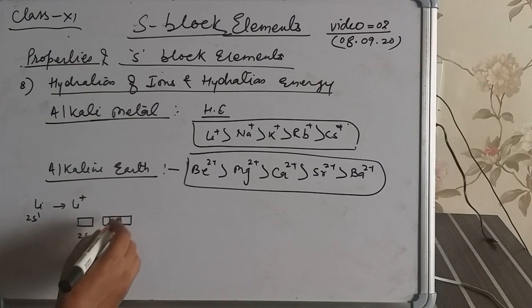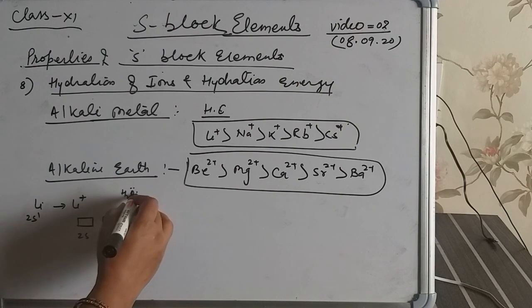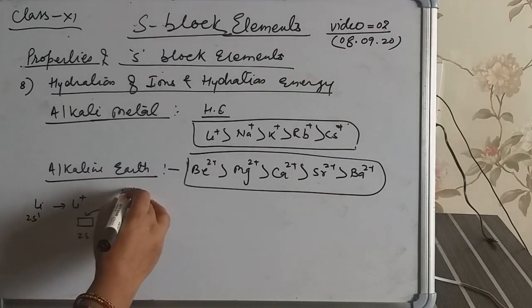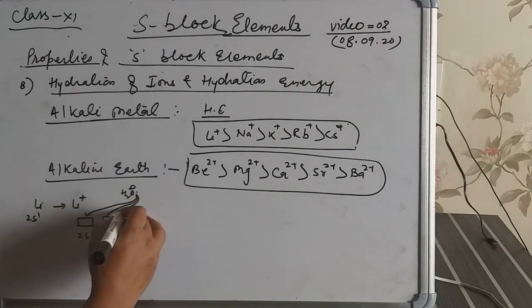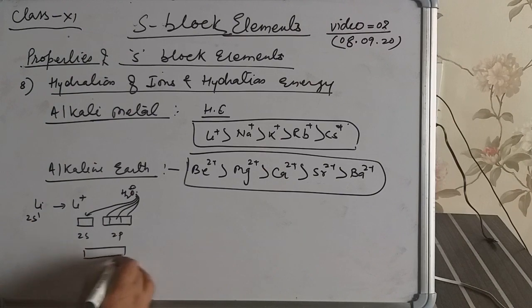Water molecules form coordinate bonds with the lithium ion, forming 4 coordinate bonds, and the hybridization becomes sp3.